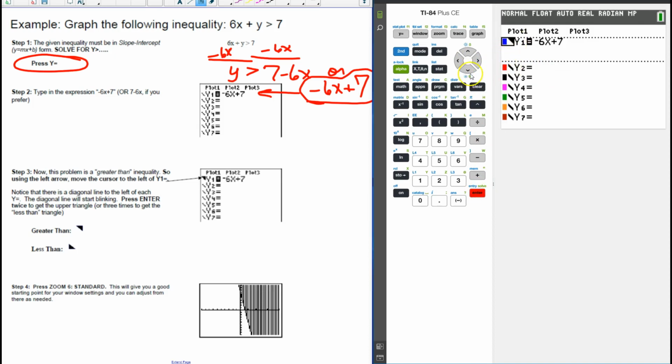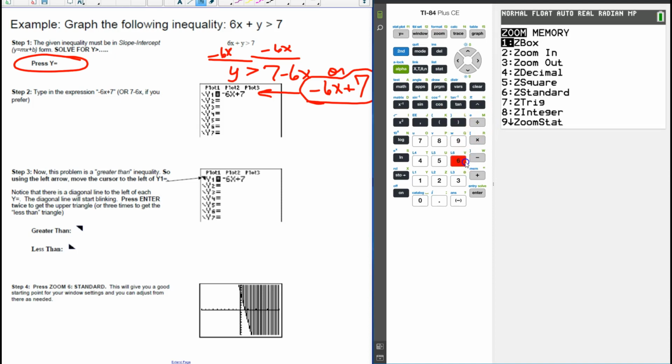And so now over here, let me move that. Up there you can see you have got the triangle. Okay. So you've either got the upper triangle and a color, or you just got the upper triangle. Okay. Now, just like always, we're ready to look at the graph, so we will press our zoom 6.